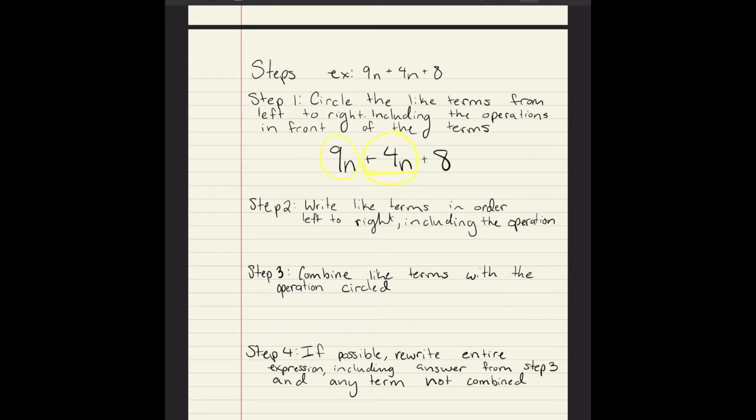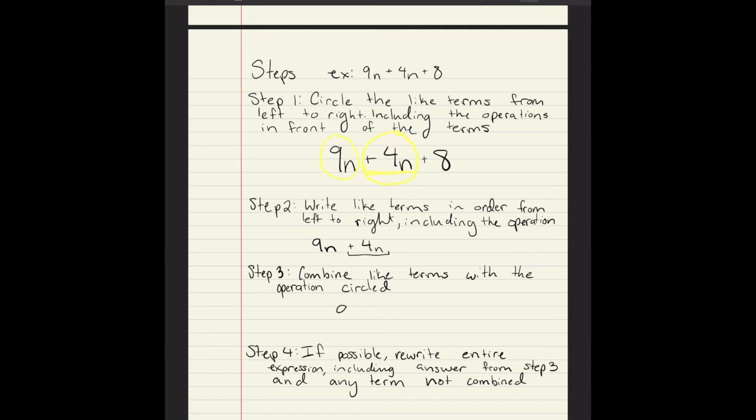For step 2, write the like terms in order from left to right, including the operation. So I have 9n plus 4n. This is one package because now we know how we will combine the like terms.